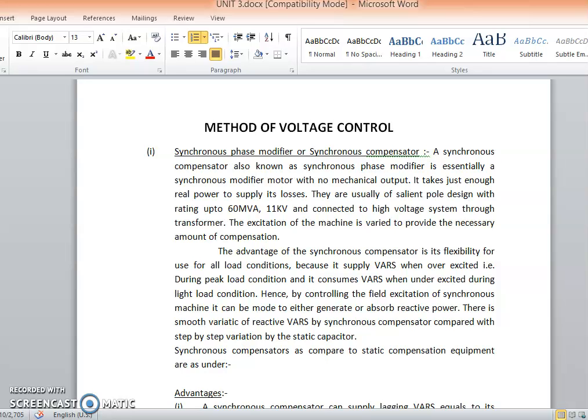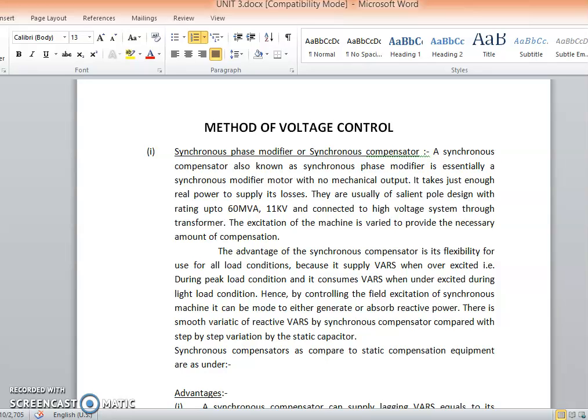The excitation of the machine is varied to provide the necessary amount of compensation. The advantage of the synchronous compensator is its flexibility for all load conditions, because it supplies watts when overexcited during peak load condition and it consumes watts when underexcited during light load condition.